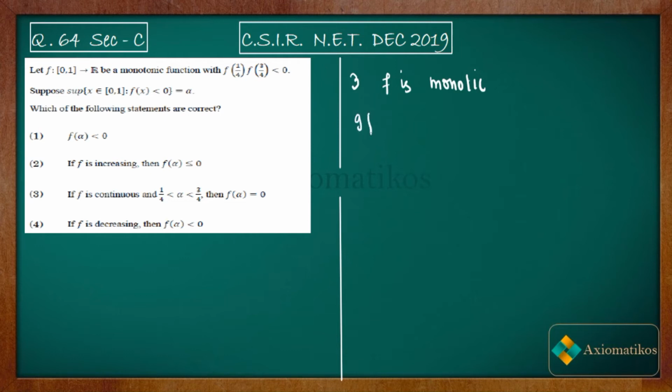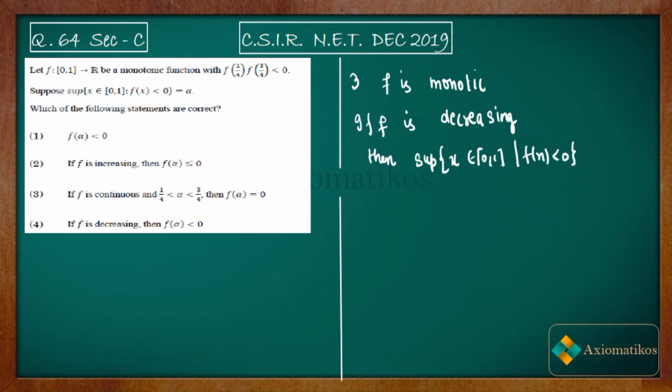If f is decreasing, then the supremum of x belonging to [0, 1] with f of x less than 0 will be 1, because f is decreasing and f of 3 by 4 is less than 0.